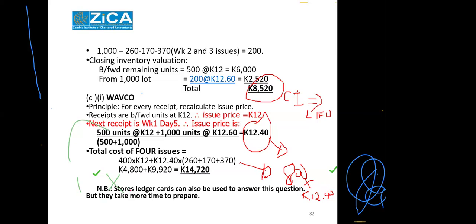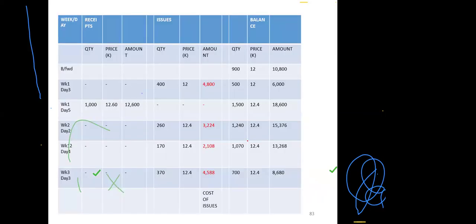Okay. So I'm saying there that NB, stores ledger cards can also be used to answer this question, but they take more time to prepare. But actually I did a stores ledger card for the weighted average. That's this stores ledger card. So those are the issues.